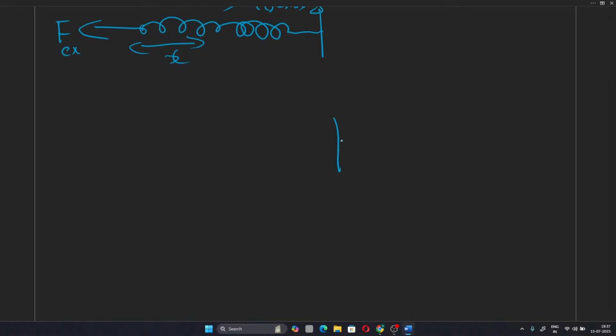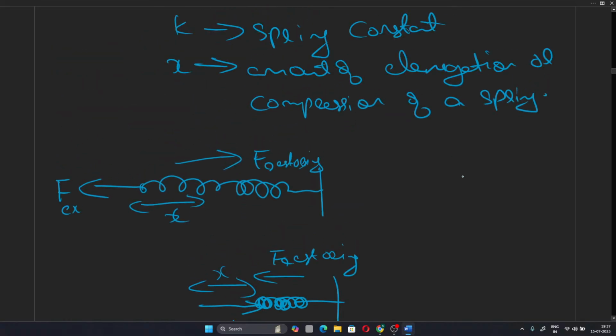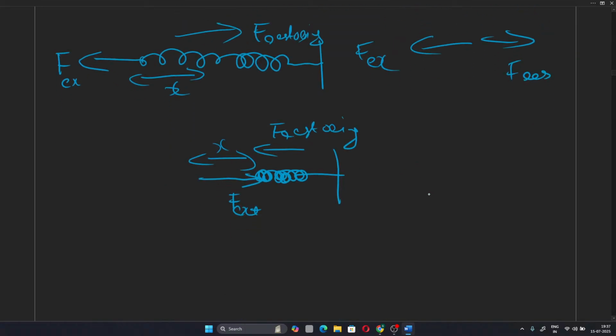In the second case, where the external force is acting in this direction and the spring got compressed this much, the restoring force will act in this direction.